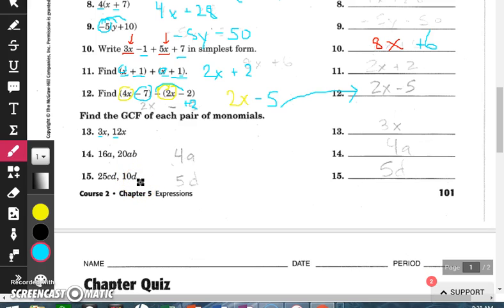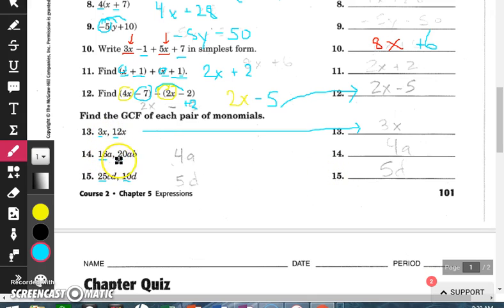That's kind of a weird word, but just think of a number that will go into two larger numbers. Usually they'll give you one of those numbers, not all the time, but as you can see, 3 does go into 12, and they both share the same variable. So in this case, 3x is basically the greatest common factor.